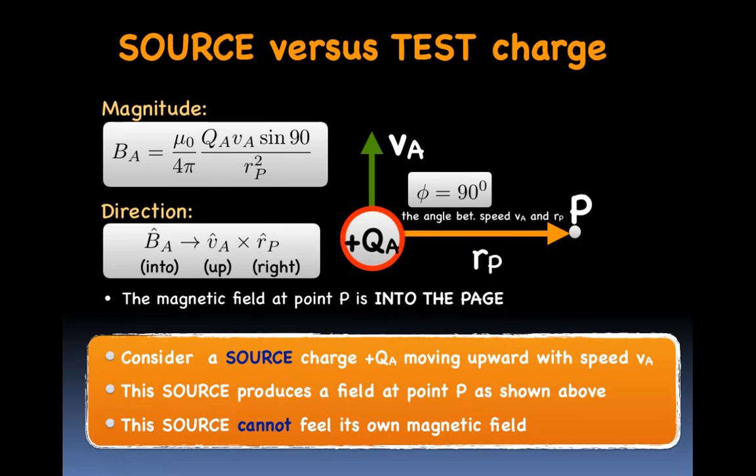RP, as can be seen on the illustration, is the distance of point P from the instantaneous position of the source charge positive QA. VA is the velocity of QA. By doing right-hand rule, we can verify that the magnetic field produced by QA at point P is directed into the page.